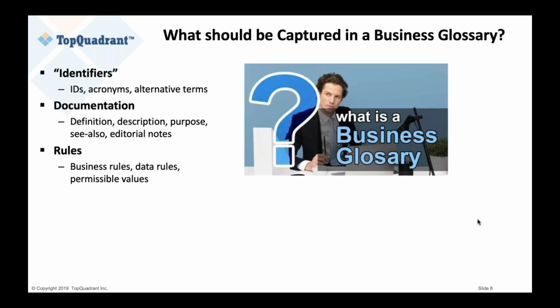Now on to rules. Rules can become an important part of the glossary, especially in the context of today's webinar, when we're talking about linking data elements to the business glossaries, to glossary terms.